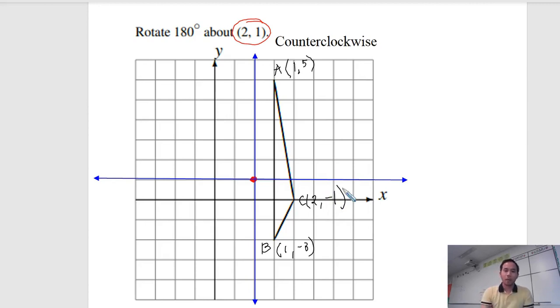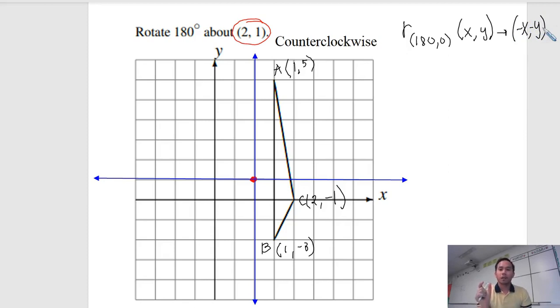All right. So the rule for rotation 180 degrees about the origin is that your x and y stay in the same position, but you have to get the opposite value of your x and y. That's why I put the negative there. The emphasis of the negative is that you have to get the opposite value.